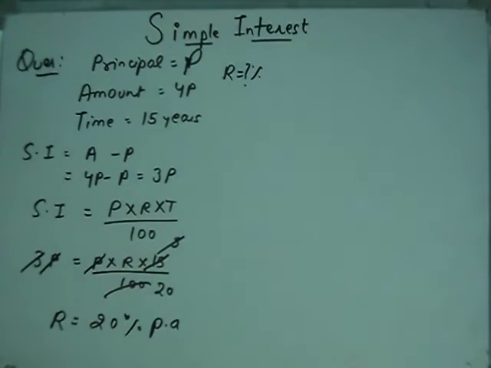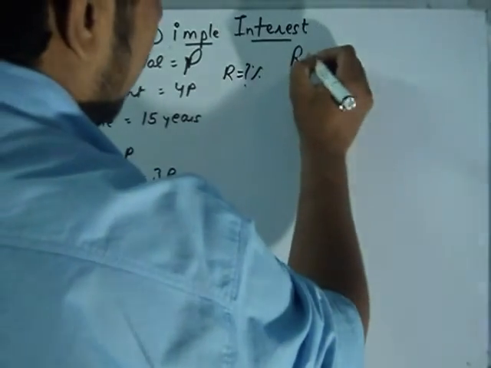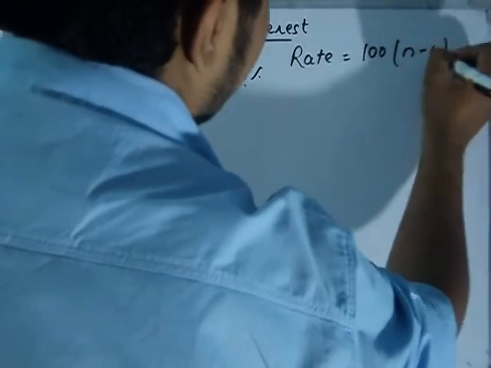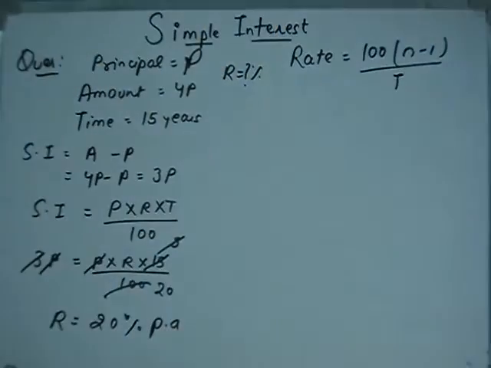But what if I tell you there is a trick by which we can calculate it in a direct form. We have a formula: rate is equal to 100 into (n minus 1) divided by time. Here n is the number of times in which the principal gets converted into the amount.